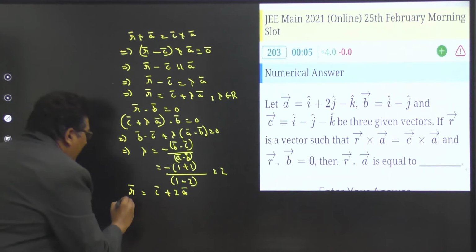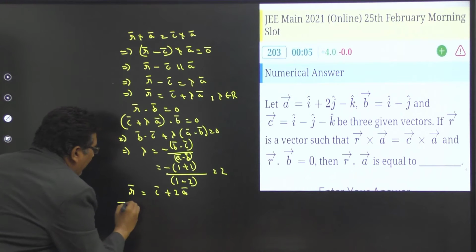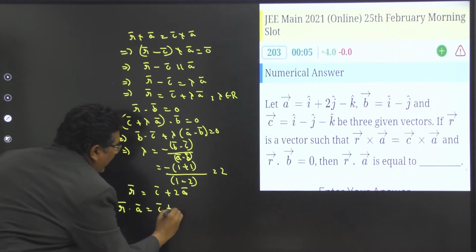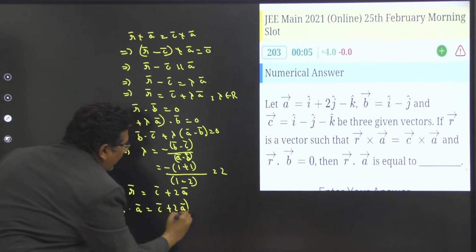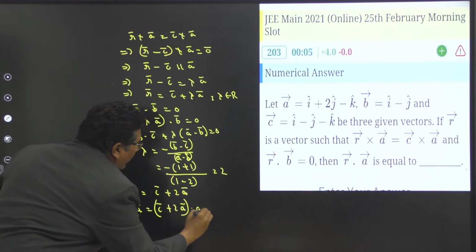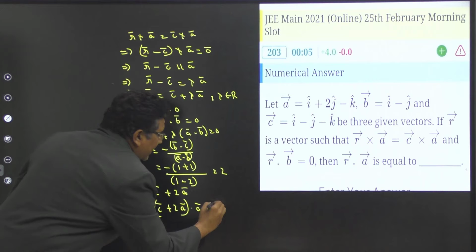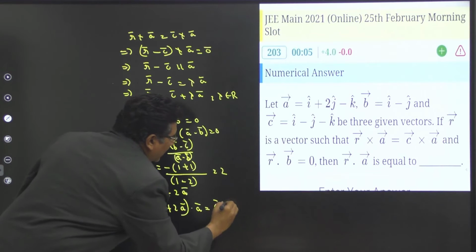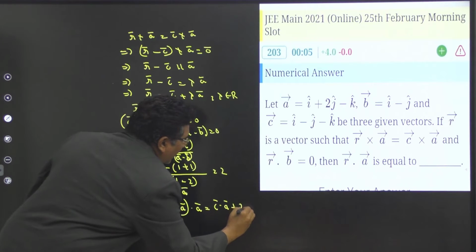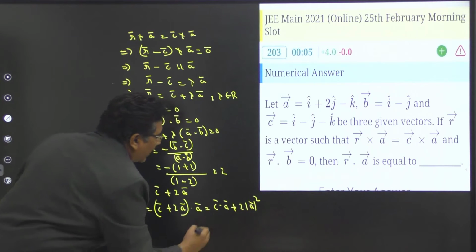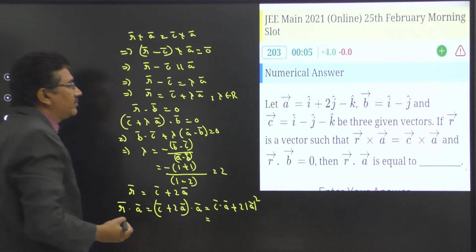That is equal to (c bar plus 2 into a bar) dot a bar. That is equal to c bar dot a bar plus 2 into a bar dot a bar, that is equal to mod a bar square.